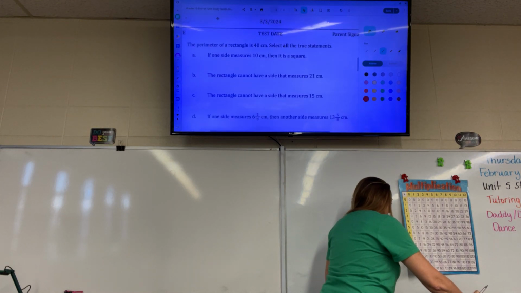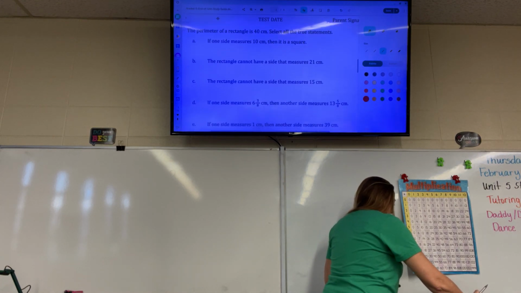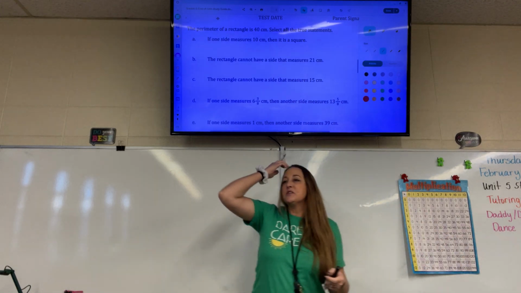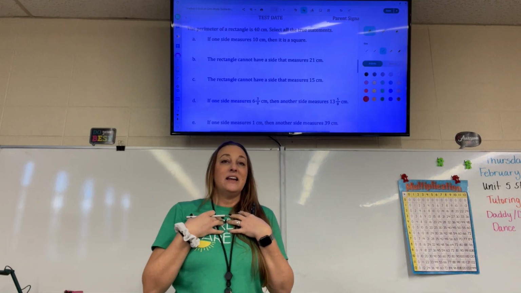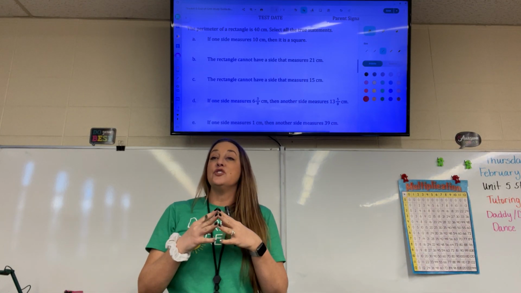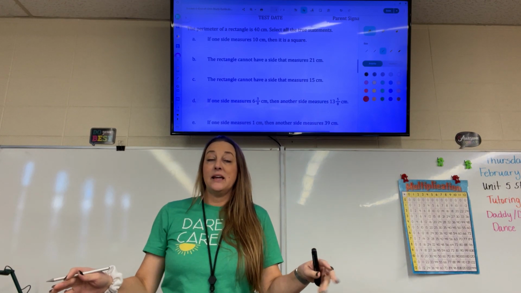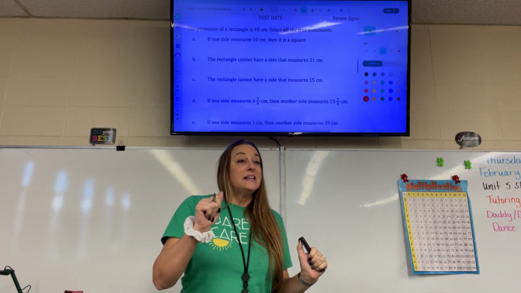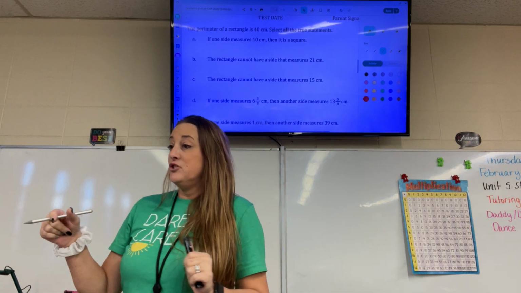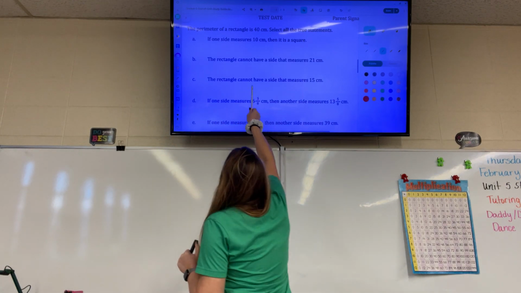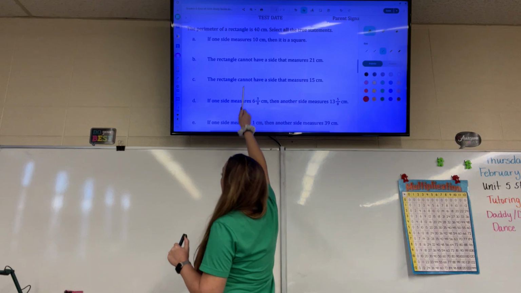All right. Now, this next part, I think, is one of the most challenging parts of any math test that we take. The reason is because of the language. You see this word cannot and cannot?